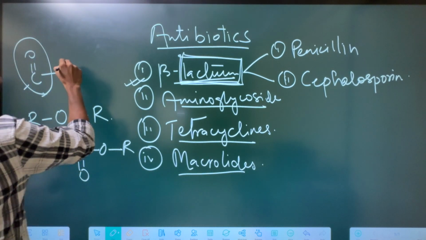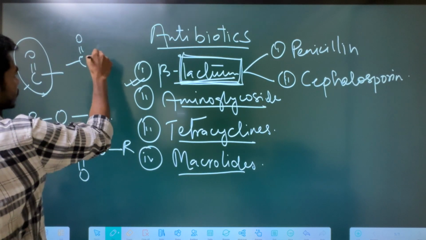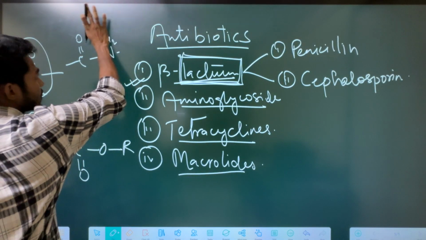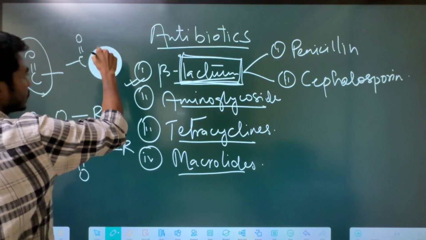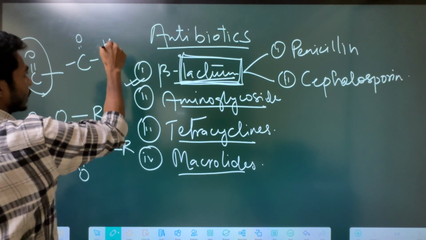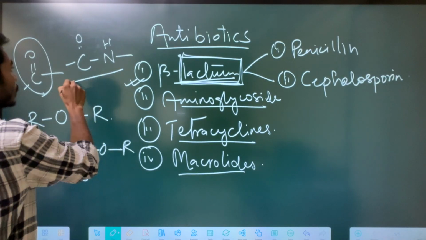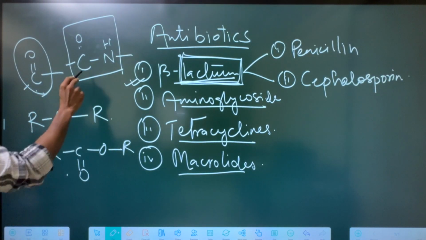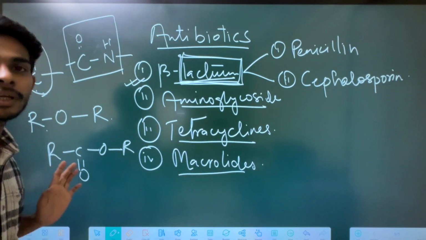And again you will see C double bond O single bond NH2 or NH or whatever. If it is last, then it will be NH2, and if it is in between, then it will be NH, and again a bond will be there. That is called amide. So carboxyl group, ether, ester and amide.